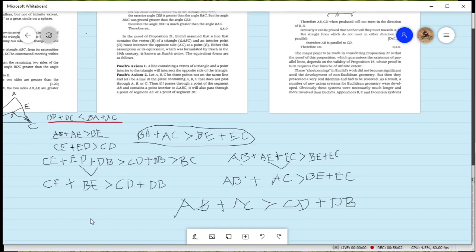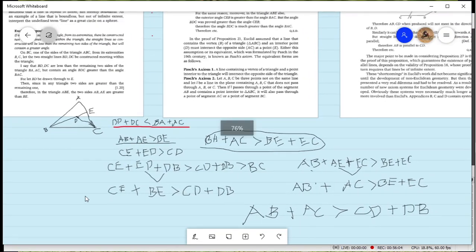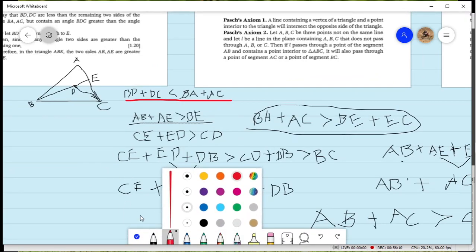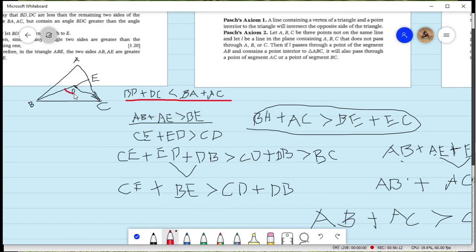For the second part, we need to show that this angle BDC is greater than BAC.